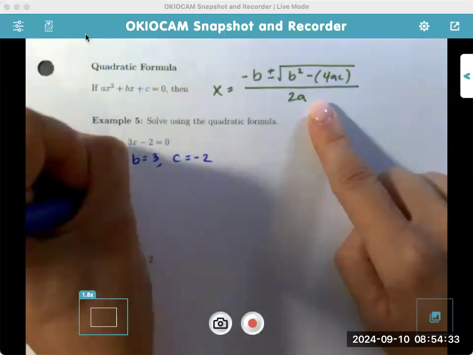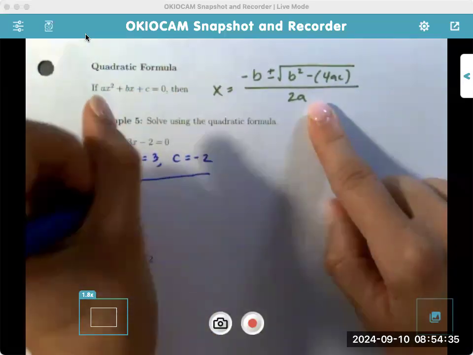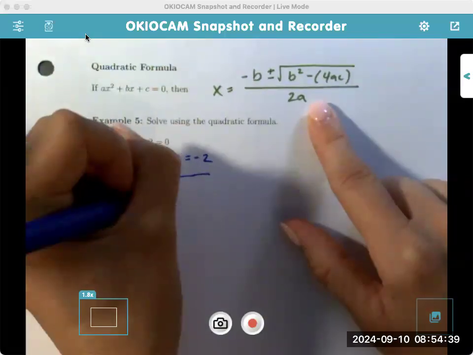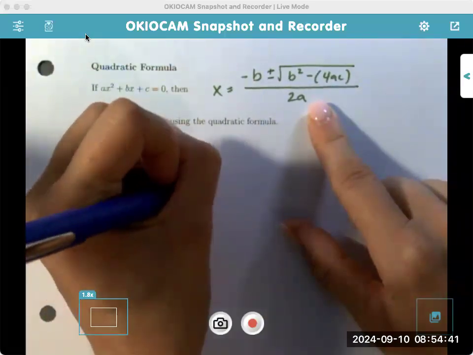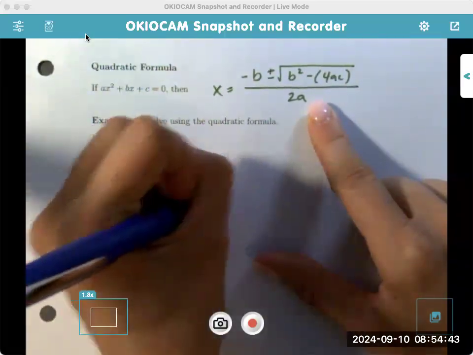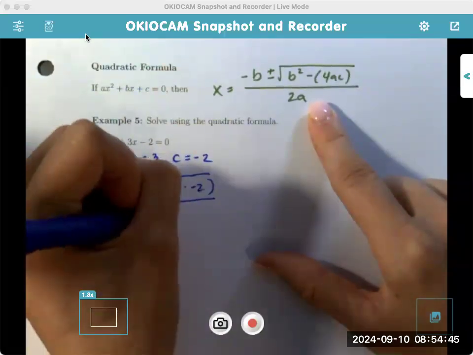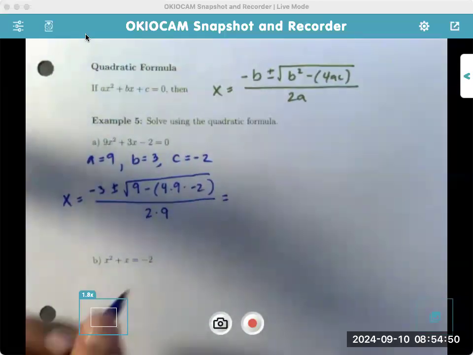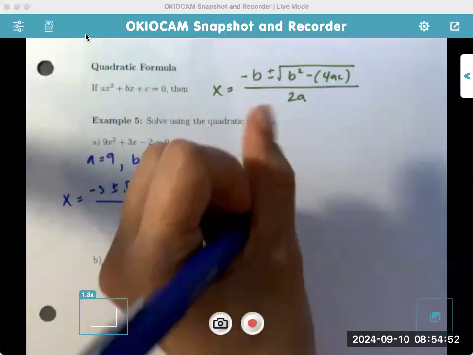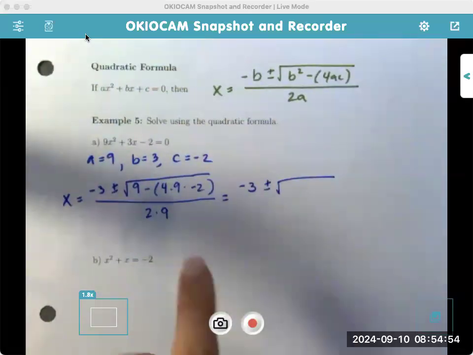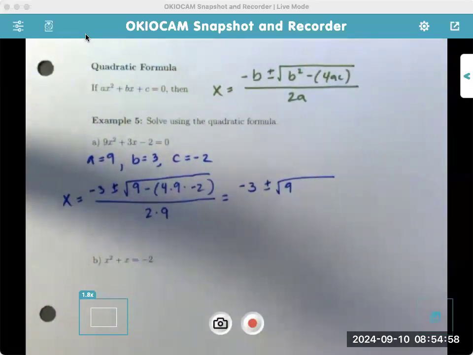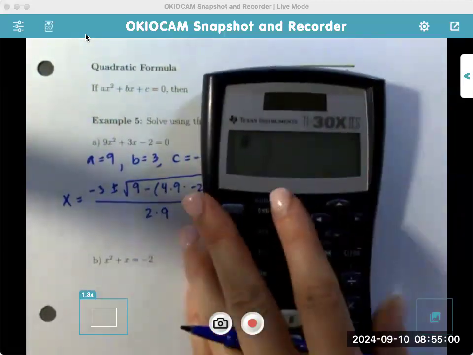Plus or minus the square root of b squared, so that is the square root of 9 minus 4 times 9 times -2, all over 2 times a, which is 9. So I have -3 plus or minus, we're just simplifying now. 9 minus, let's see.